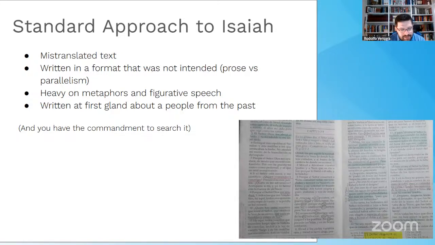They were trying to really fit and make sure King James was happy with the work. But then it was written in a format that was not intended. So you have most of our scriptures, they write Isaiah in prose, and Isaiah is written in parallelism. And then it's heavy on metaphors, right, and figurative speech.